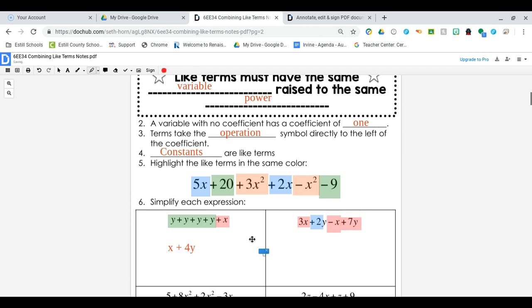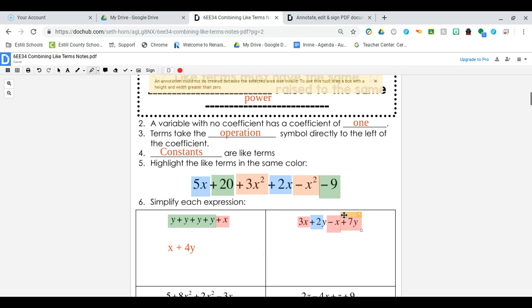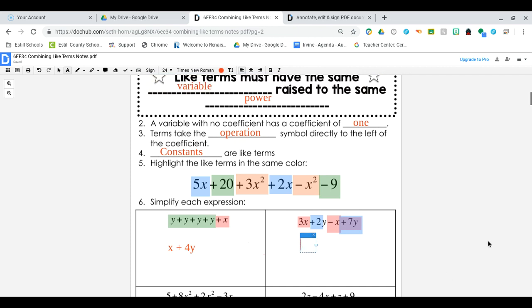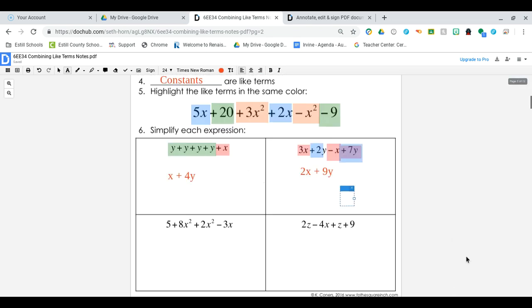So we have 3x minus x, which is going to give us 2x because 3 minus 1 is 2. And then we have a plus 2y plus 7y. So 2 plus 7 is 9, and that gives you 9y. So your answer for this one will be 2x plus 9y.